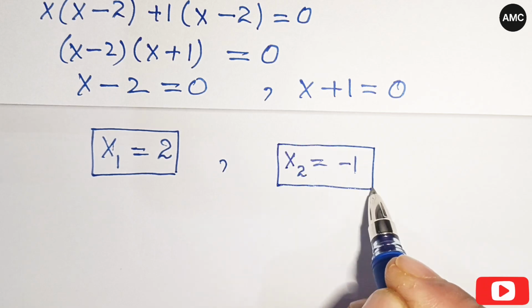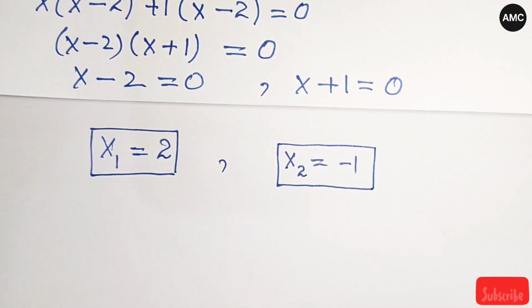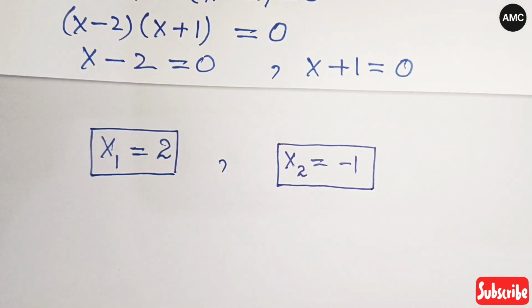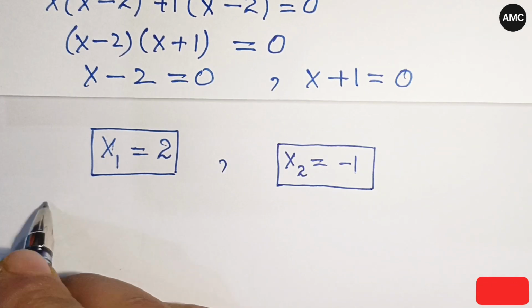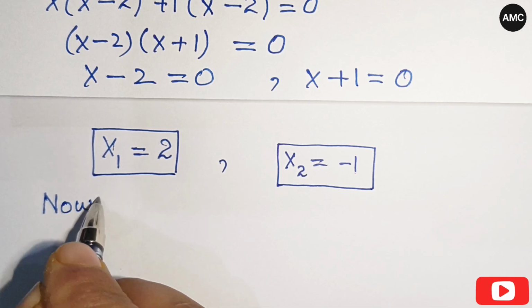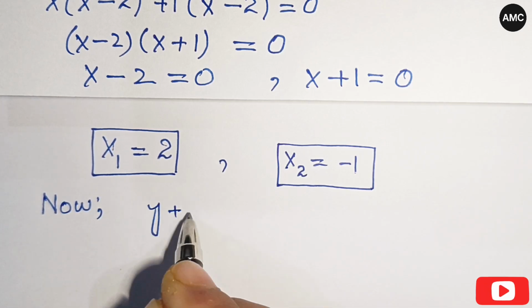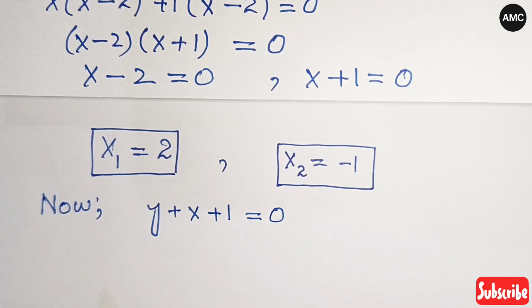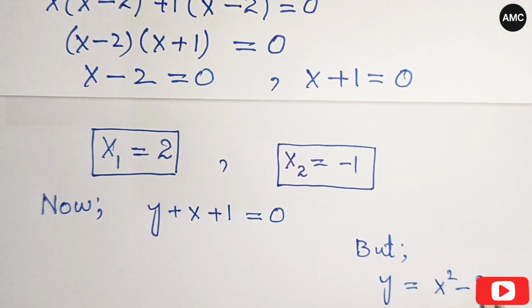So now we have to solve our second factor, which is y plus x plus 1 is equal to 0. But we also know that the value of y is x squared minus 2.